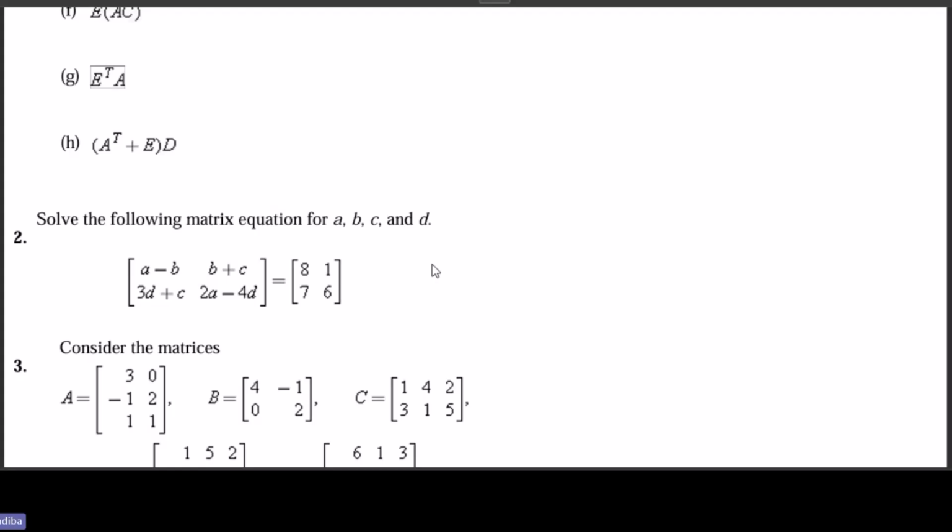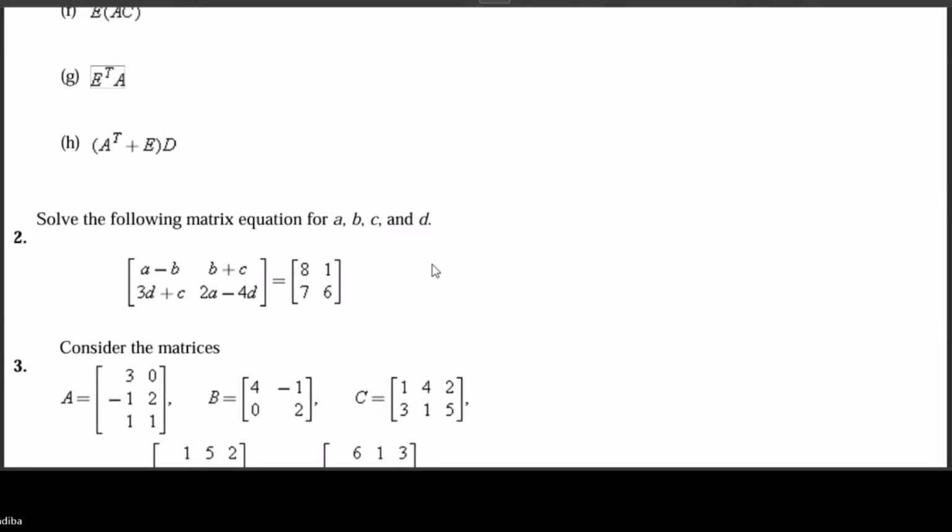TK, please listen attentively and talk to Dolly. We'll come in where you don't understand. Okay. From the matrix with A minus B, B plus C, I equated A minus B to 8, B plus C to 1, 3D plus C to 7, and 2A minus 4D to 6.